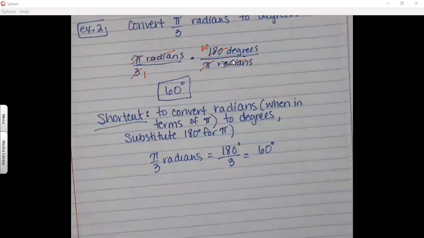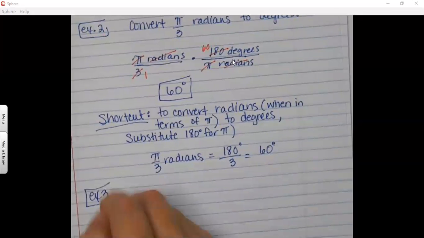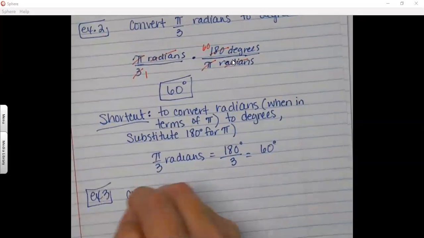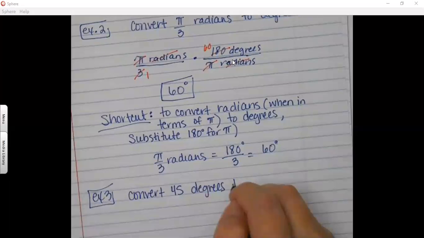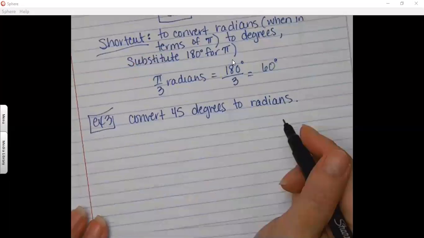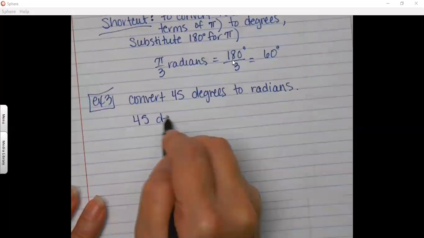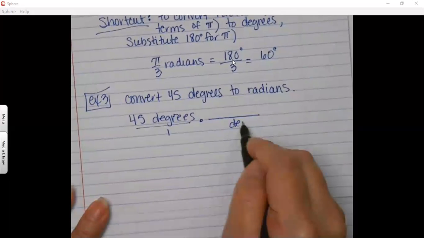Example 3. Convert 45 degrees to radians. All right, so I know the word degrees will be in my numerator, right? So when I convert, instead of having to look at that conversion every time, I know that in my new fraction the word degrees will be in the denominator so that degrees cancels, and the word radians will be in my numerator.